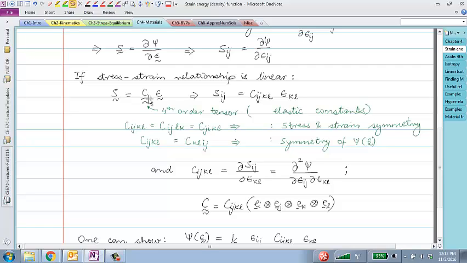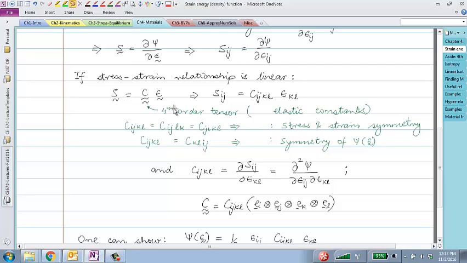In general, an nth order tensor acts on an mth order tensor to give an (n minus m)th order tensor. So a tensor is something that acts on a tensor to give you back another tensor. How about that for a definition?